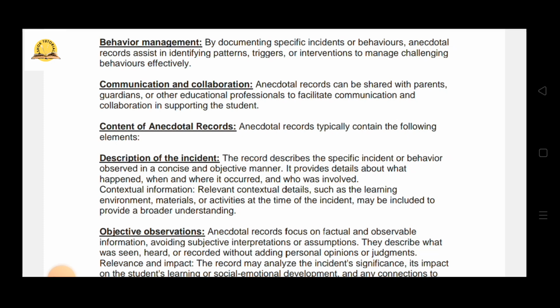Now, communication and collaboration. Anecdotal records can be shared with parents, guardians, or other education professionals to support communication and collaboration in supporting the student. Once we make the anecdotal record, it can be shared.